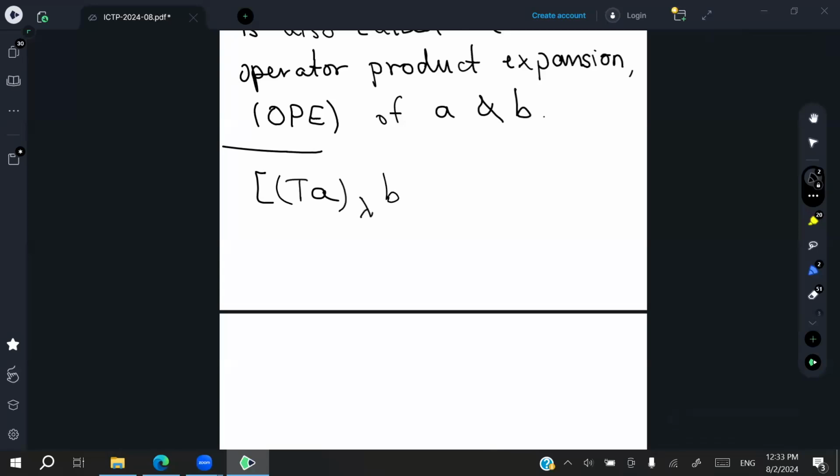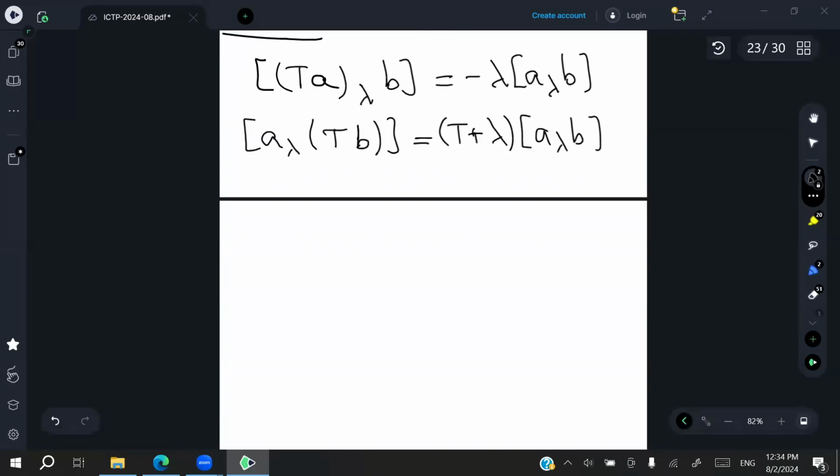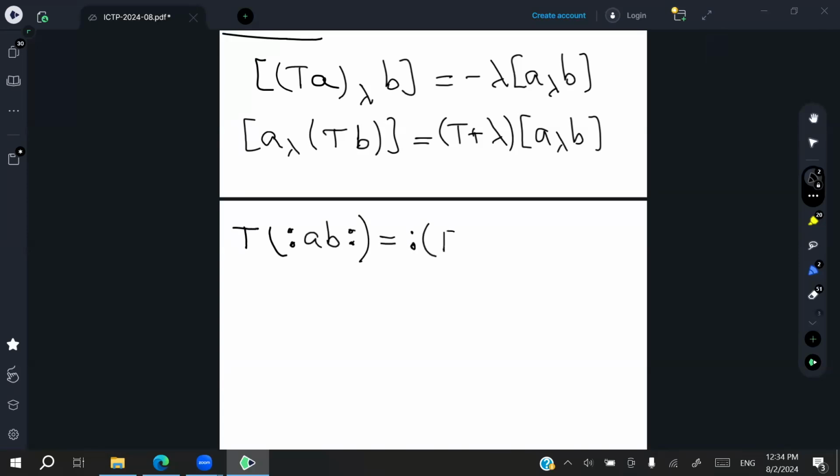For example, if I take a derivative of A, actually I should use T, the lambda bracket of TA and B is minus lambda times the lambda bracket of A and B. If I differentiate the second term, I get T plus lambda applied to the lambda bracket of A and B. We also have, if I take T of a normally ordered product, this is the normally ordered product of TA and B plus A and TB.